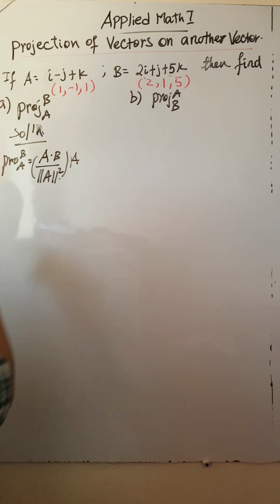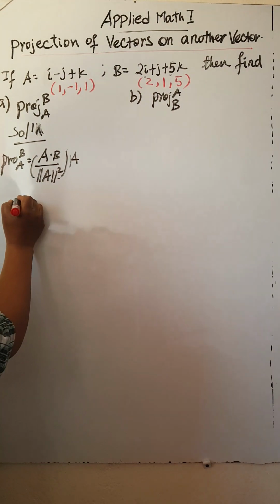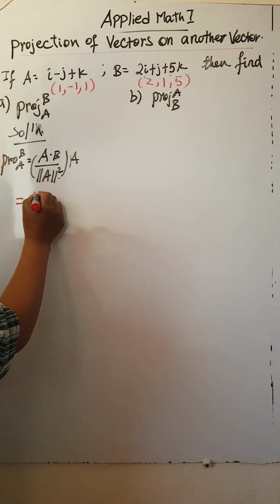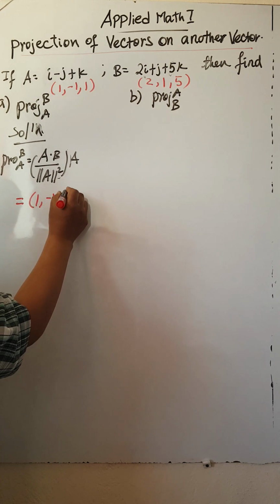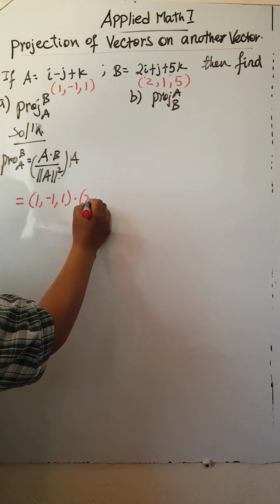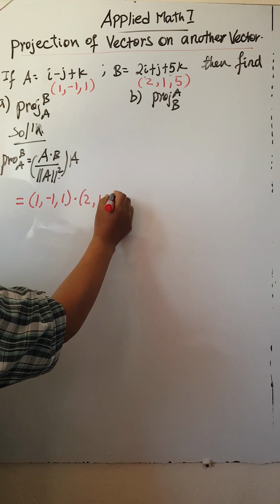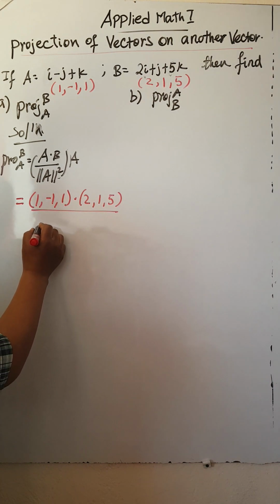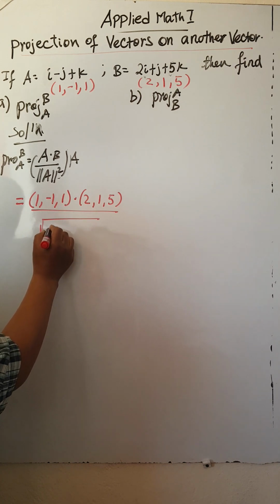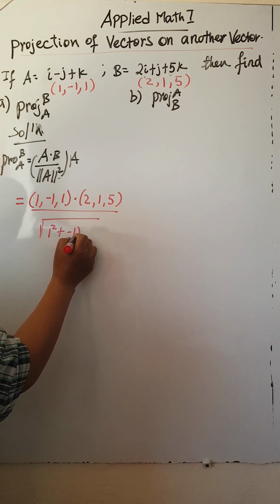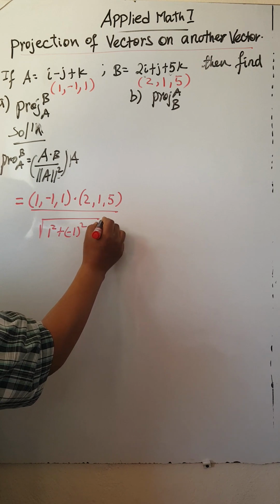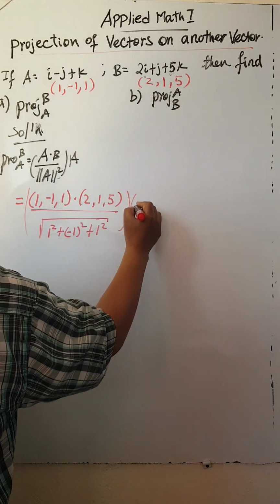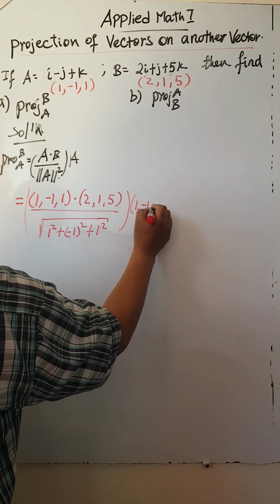ስለዚህ A dot B እንፈልጋለን፣ norm of A squared እናደርጋለን። So this is equal to projection of B along A: A dot B is (1, -1, 1) dot (2, 1, 5), divided by norm of A, which is square root of 1 squared plus negative 1 squared plus 1 squared, times the vector A, which is (1, -1, 1).